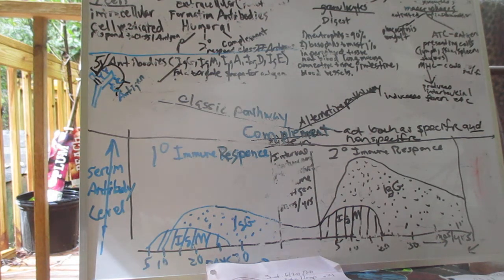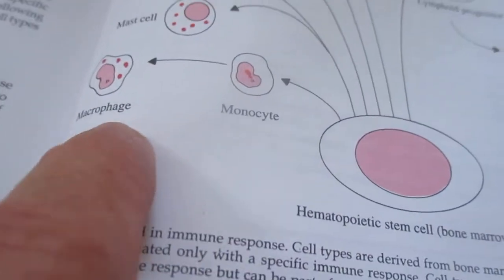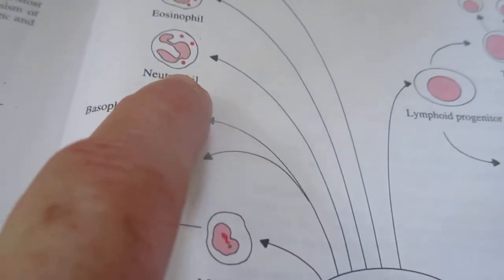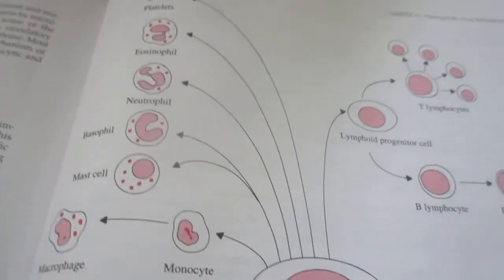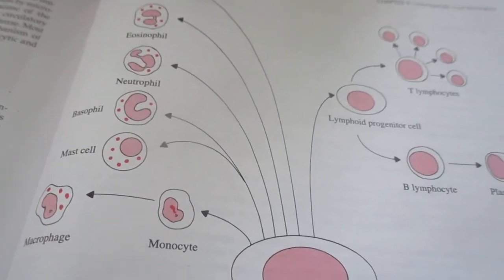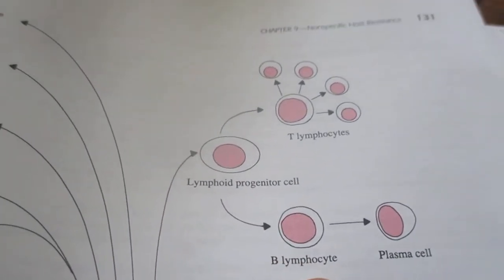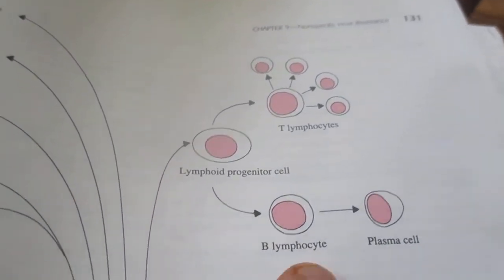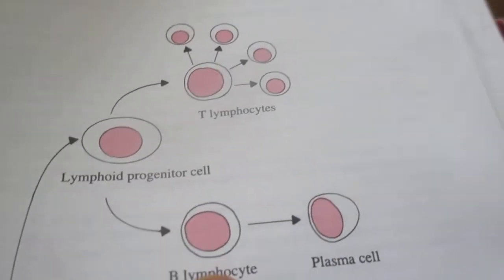And so they can act, like this chart right here, macrophage, mast cells, basophils, neutrophils, eosinophils, platelets, they can act alone, but sometimes they may require more, and that's when the specific immunity gets involved, which is T and B cells. B cells and T lymphocytes.